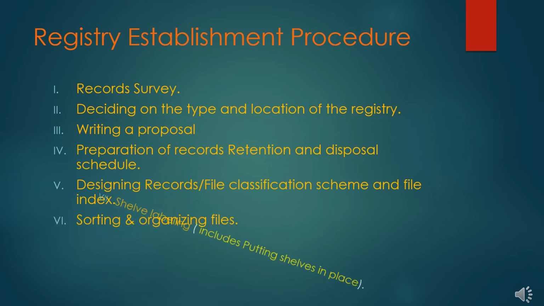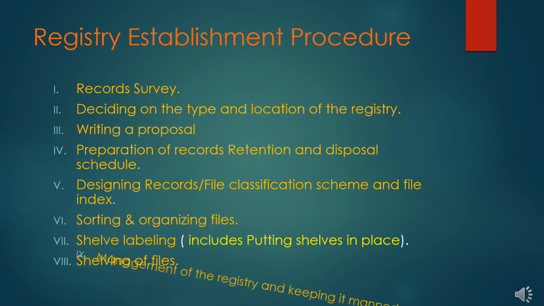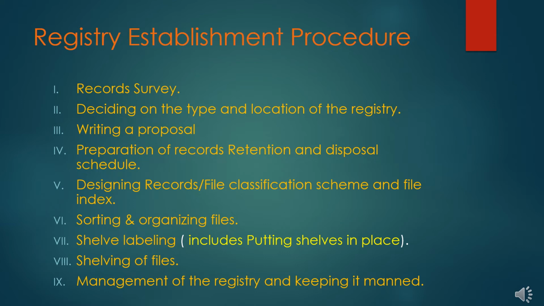At this stage, you are required to be very keen, because this is the point where I'm going to explain how you will come up with a fully established and operating registry.